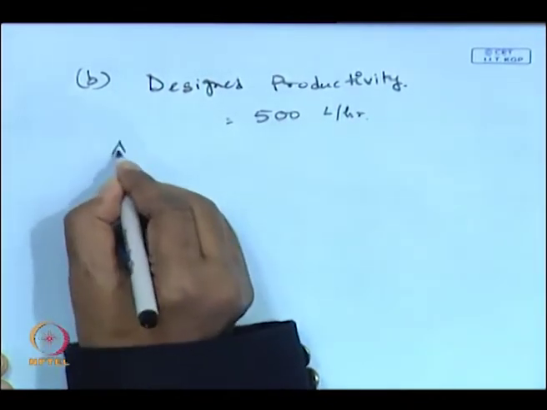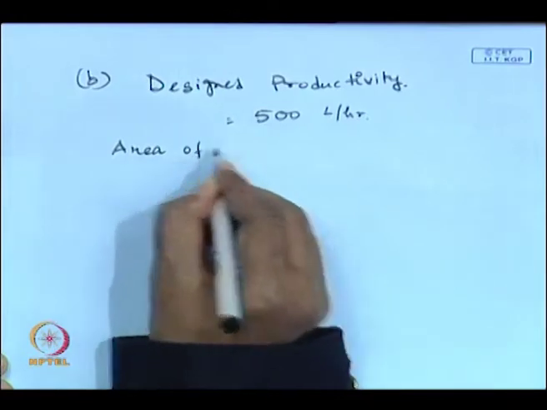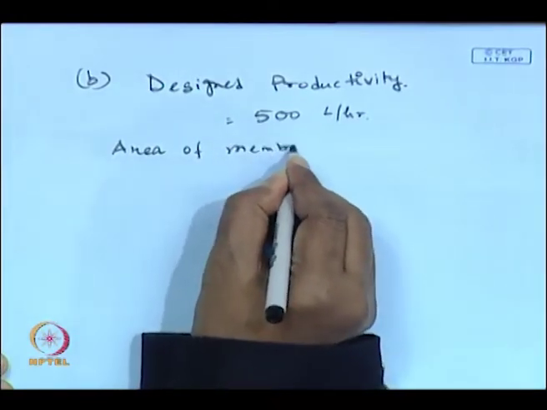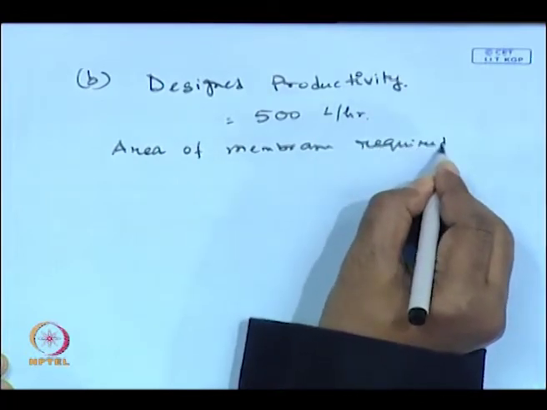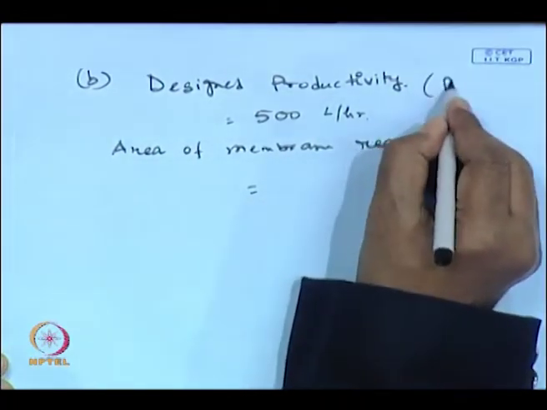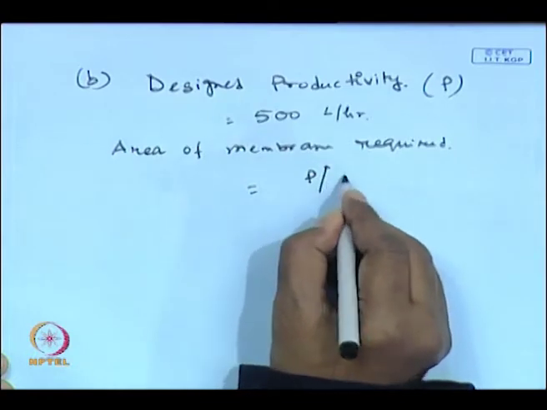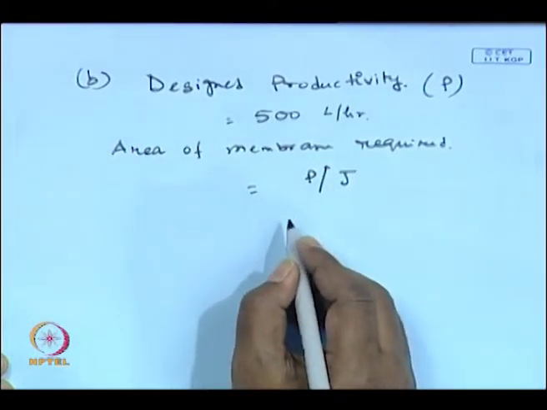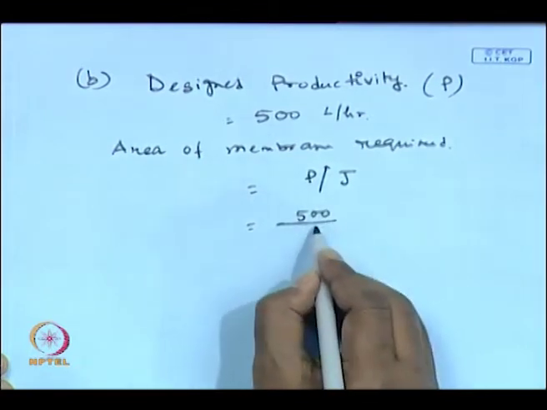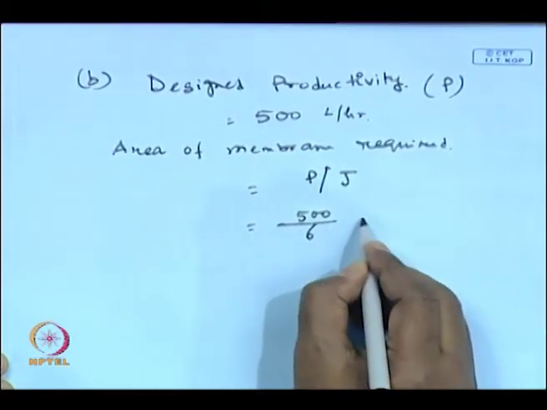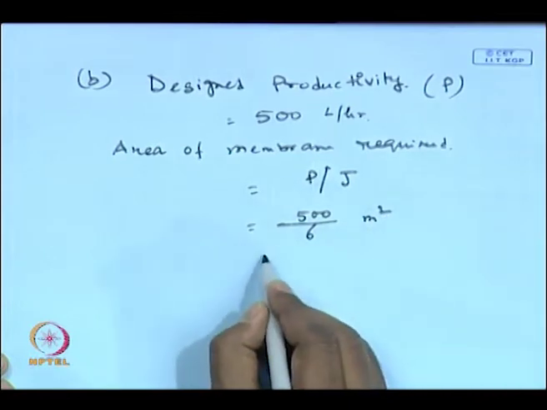So, the area of membrane that you are going to require is this productivity P divided by the permeate flux, right, that will give you the area. So, 500 liter per hour divided by 6 liter per meter square hour, 6 meter square.